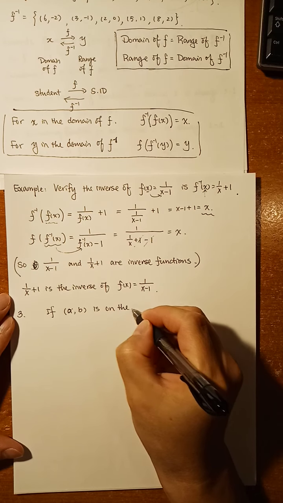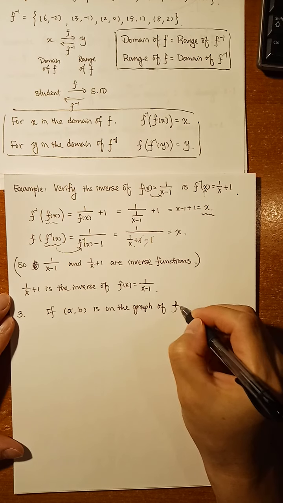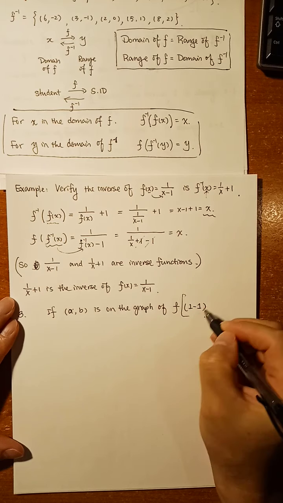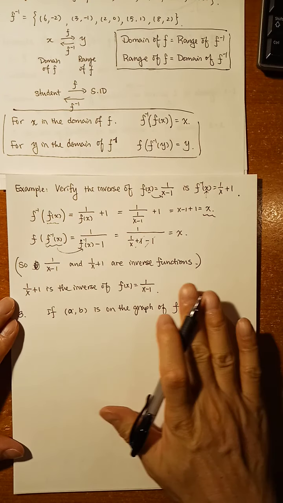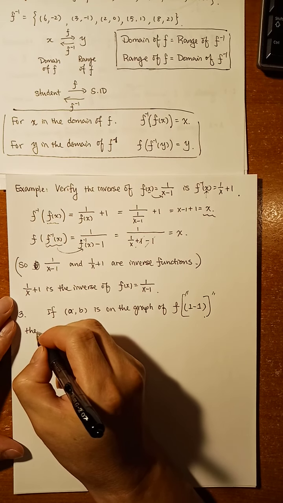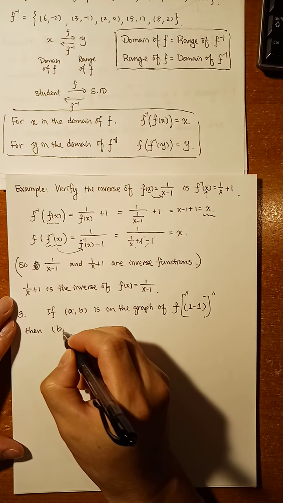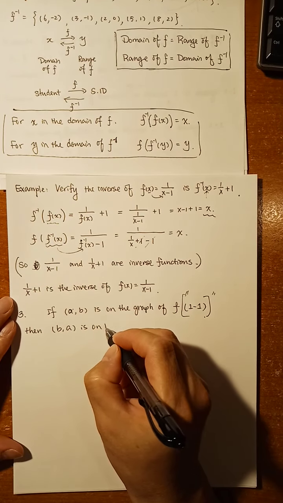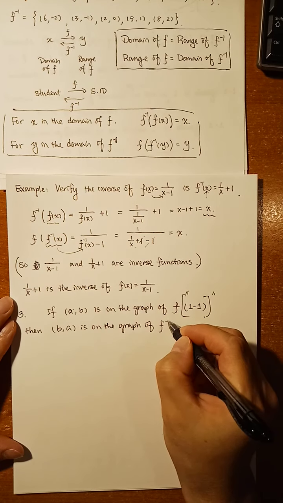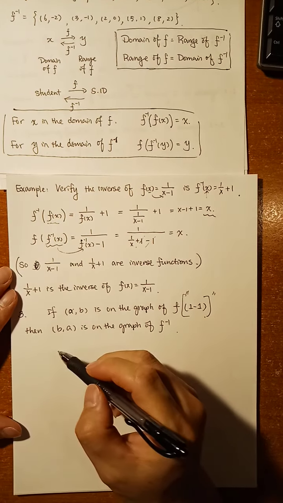So remember that when you have a point (a, b) on the graph of F, let's assume F is 1 to 1. This is just a condition, okay? It's not the evaluation. If a point (a, b) is on the graph of F, then remember that the inverse function will interchange a and b. The point (b, a) is on the graph of F inverse. It just interchanges them. Okay? So what is the relation?